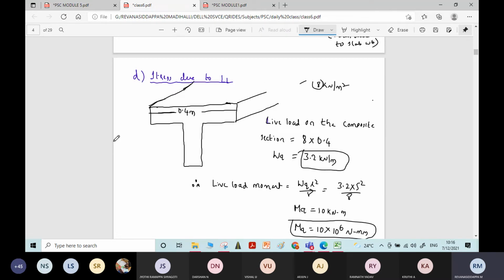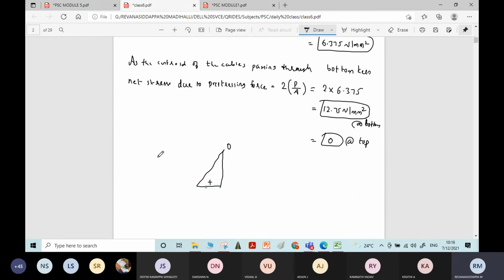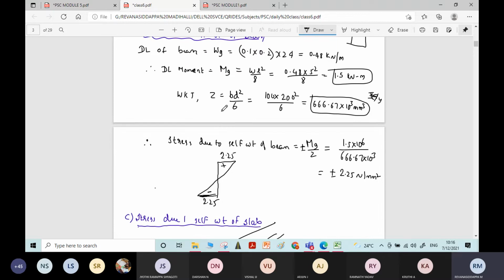See, in the first step, in case A, for pre-stressing force, you leave it. While finding the stresses due to self-weight of the beam, only the cross section of the rectangular element is considered for the section modulus.